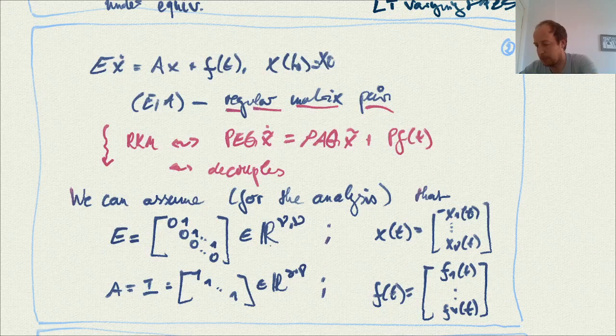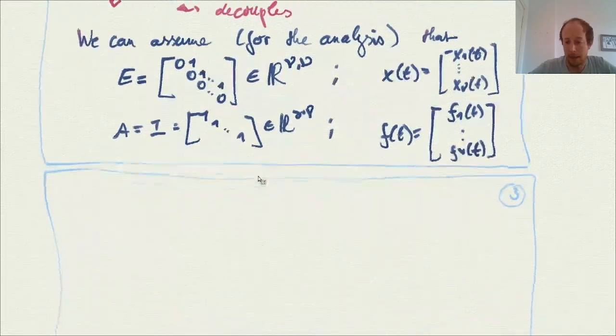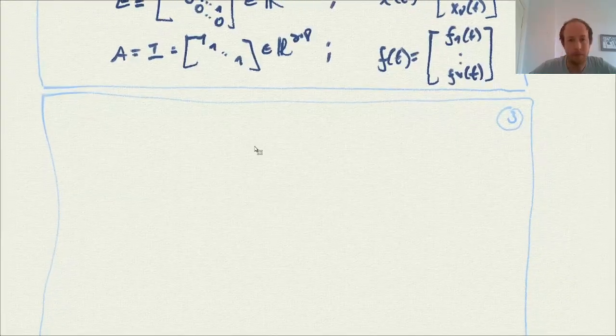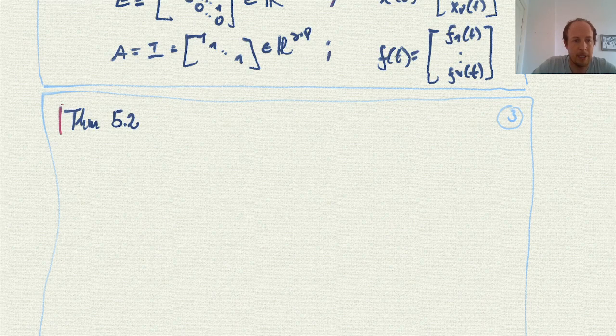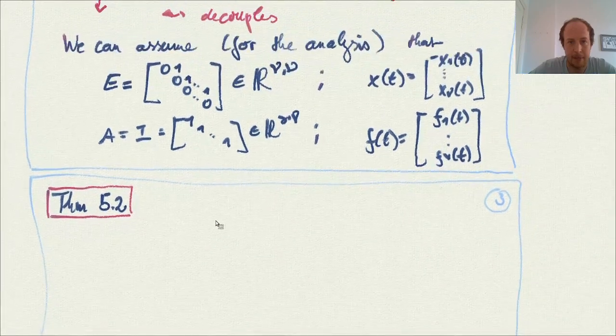Okay, and then there is the theorem for that. Theorem 5.2. That's also the number that it has in the script.